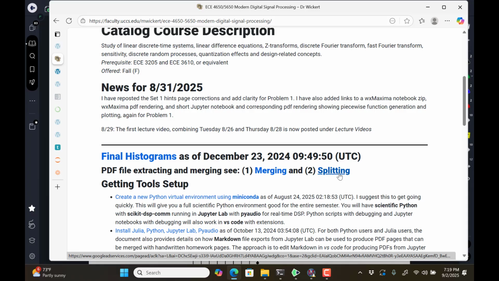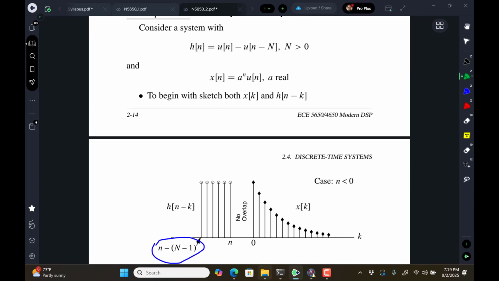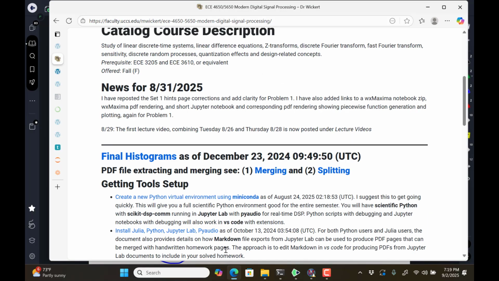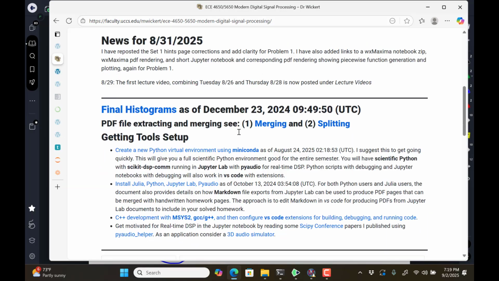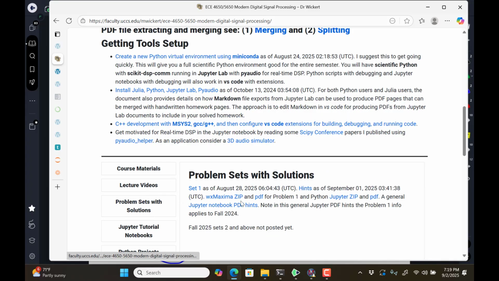Everybody figured out something. So what do I want to do in the closing moments where I'm pretty much blown out of time? I did add a lot of info to the website over the weekend, in particular under problem set 1. I now talked about doing the symbolic calculations in Maxima, gave you a sample notebook, and gave you a rendered PDF doing the same thing, similar things in Jupyter.